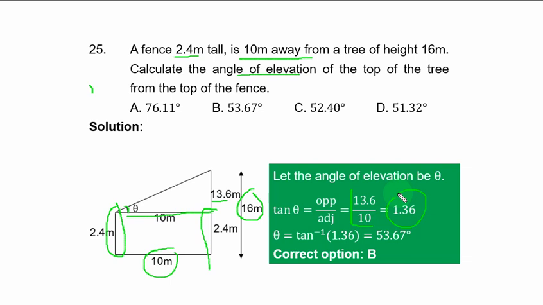To get the angle theta, you take the inverse or arctan of 1.36, and that is 53.67 degrees. The angle of elevation theta is simply 53.67 degrees. B is the correct option.